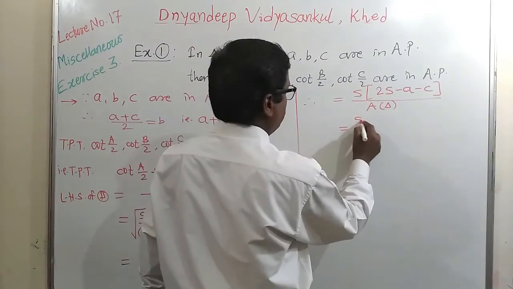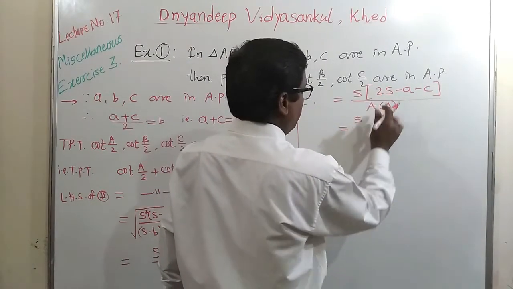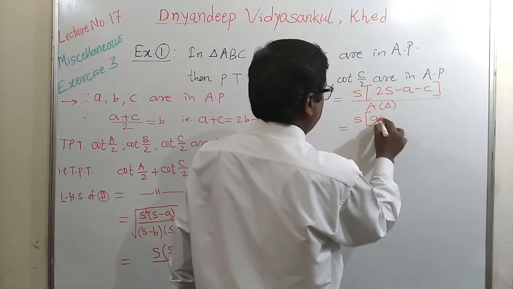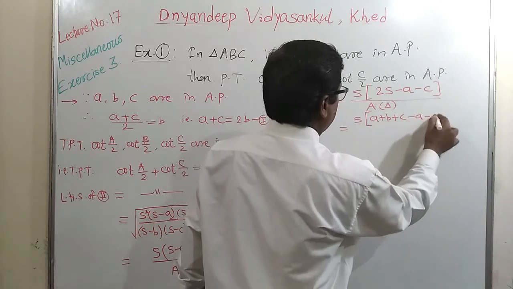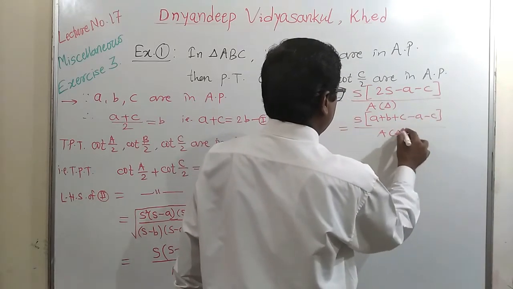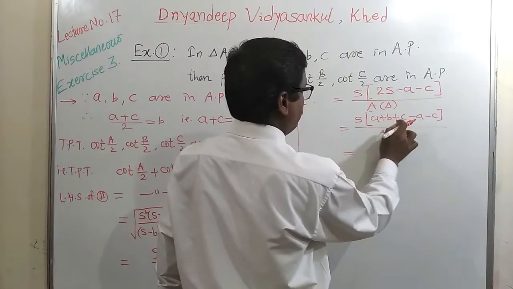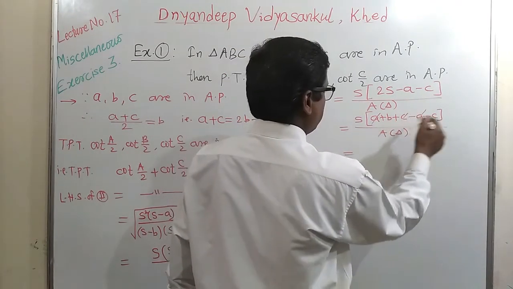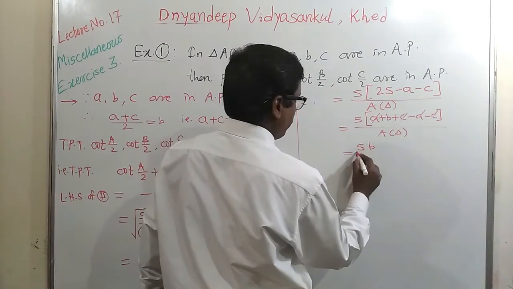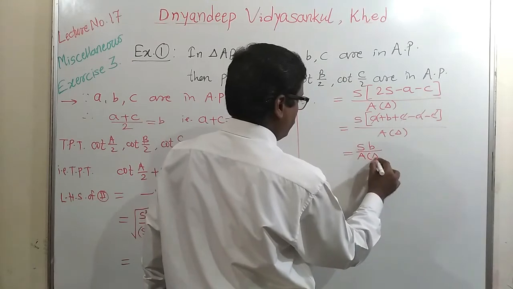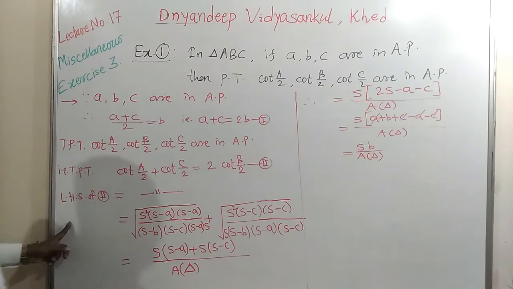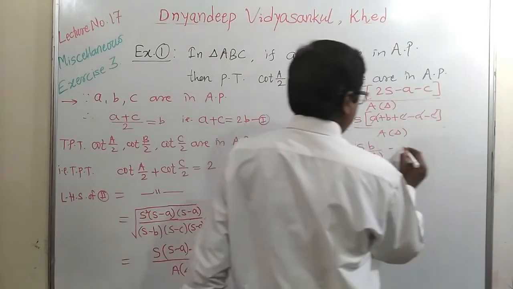It is equal to S into, 2S is a plus b plus c, so putting a plus b plus c minus a minus c upon area of triangle. Cancelling a and c, only b remains, so it is S into b upon area of triangle. This is our left hand side. Let us call this equation 3.